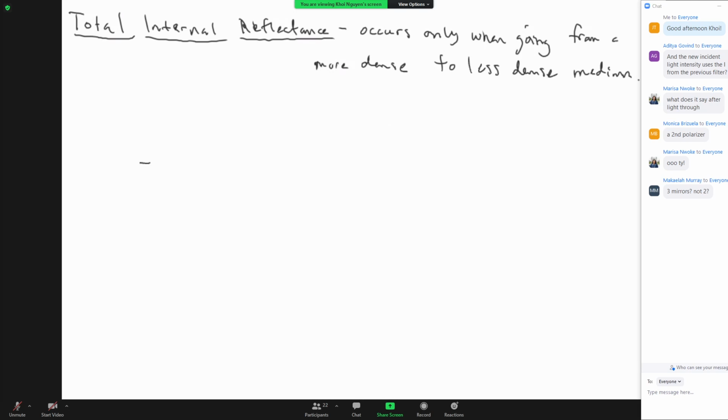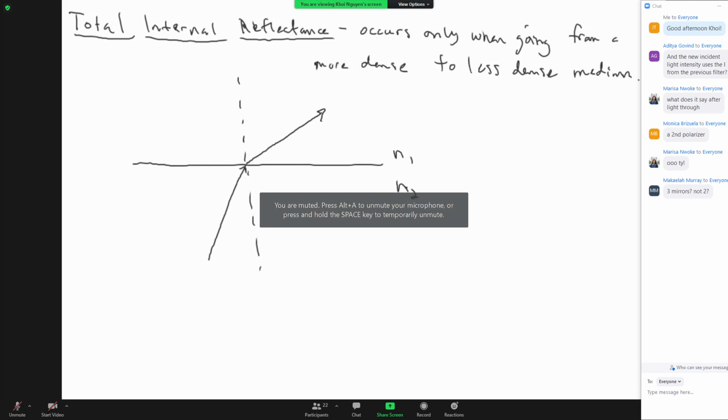So this is the interface between the more dense, which we'll call N2, and the less dense, which we'll call N1, right? So here's the normal. So if light comes in from the more dense medium, that refracted light ray bends going from more dense to less dense. We'll keep it the same notation.